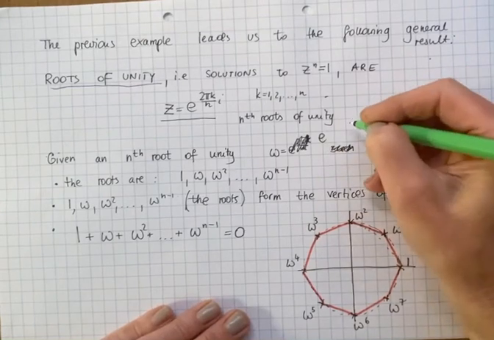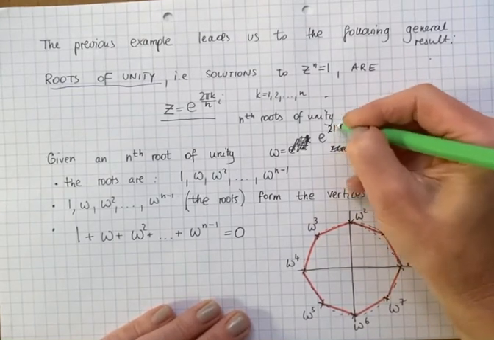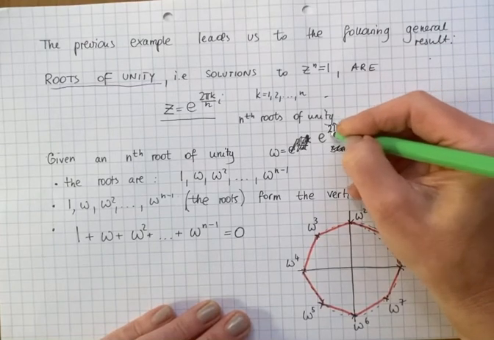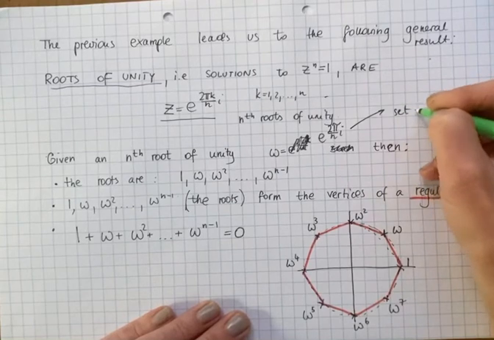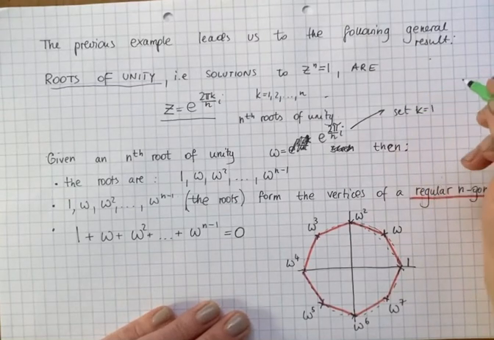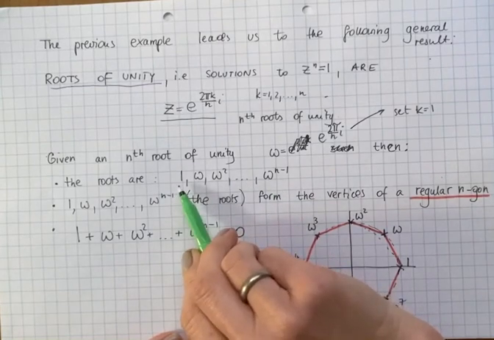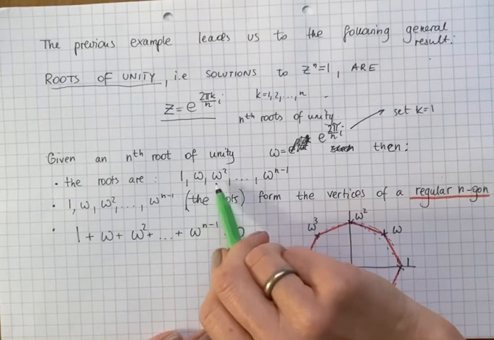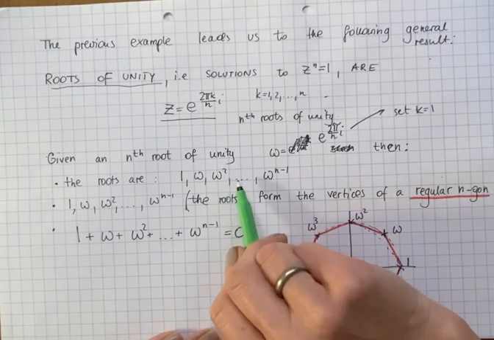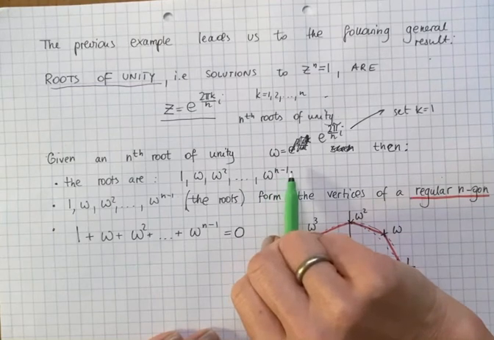So let's say you chose k equals 1, and you pick one of the roots as e to the power of 2 pi over n i. Okay, so here we set k equals 1. Then the other roots are simply 1, well, we already have omega, omega squared, omega cubed, all the way up to omega to the n minus 1.